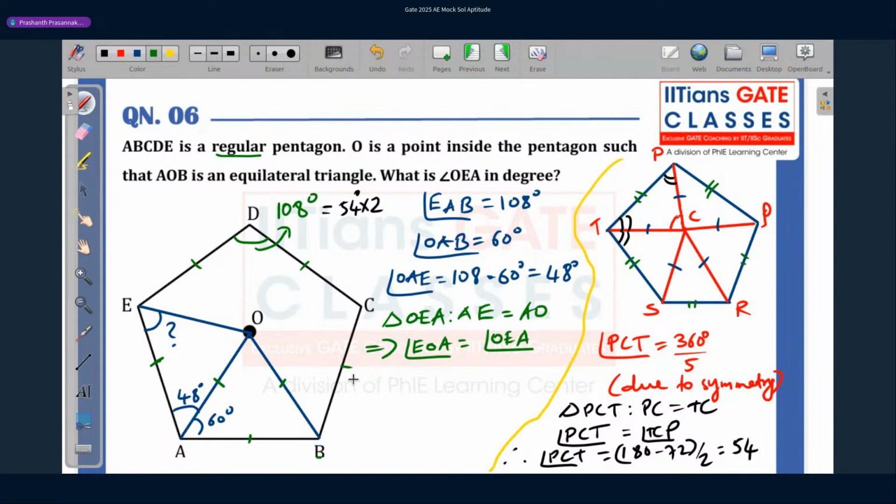So what I'll get is 2 times OEA plus 48 is equal to 180 degrees. Therefore, angle OEA is what? 180 minus 48 by 2. Yeah, answer is 66.